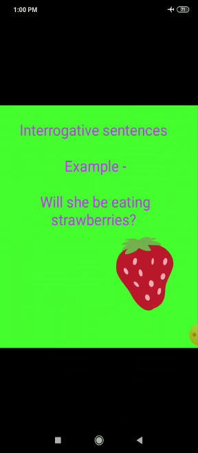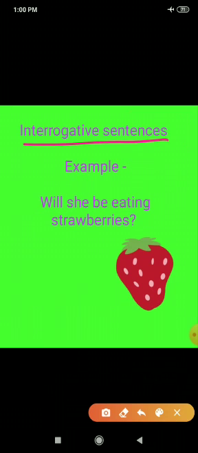We can see that in interrogative sentences, will comes at the beginning of the sentence in order to form a question. Will she be eating strawberries? These are some examples of future continuous tense.